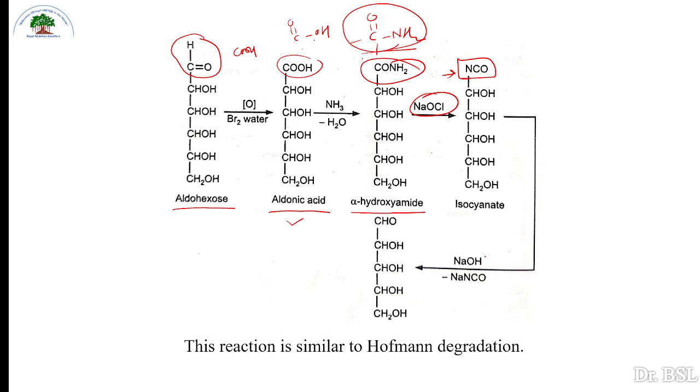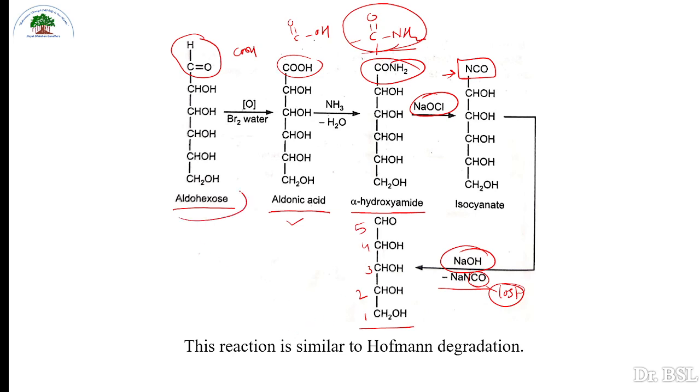Isocyanate upon reaction with sodium hydroxide undergoes degradation of the molecule, and removal of sodium isocyanate takes place. Here, sodium isocyanate is eliminated and one carbon is lost. And finally, we get a product with 1, 2, 3, 4 and 5 carbon atoms, that is aldopentose.